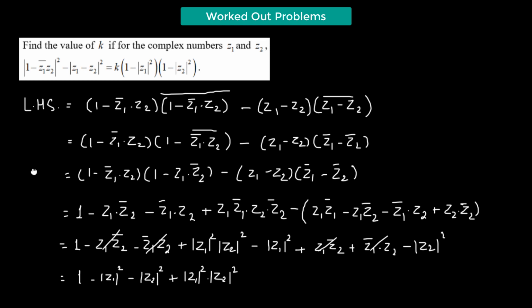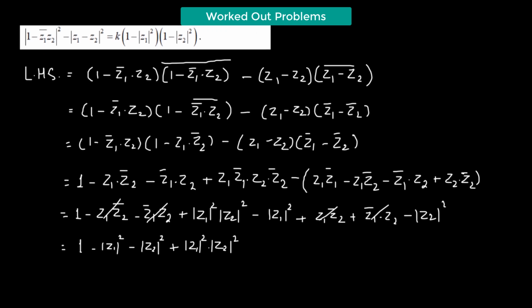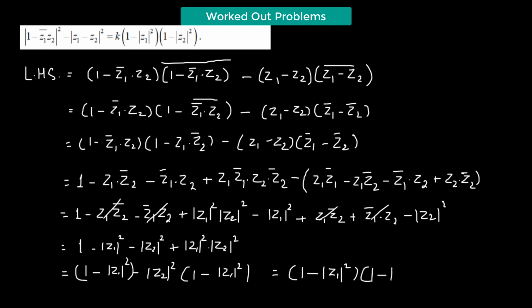So we're going to combine it. This gives us 1 minus the absolute value of Z1 squared. We're going to factor out Z2, so that gives us 1 minus the absolute value of Z1 squared, which will be equal to 1 minus the absolute value of Z1 squared multiplied by 1 minus the absolute value of Z2 squared.